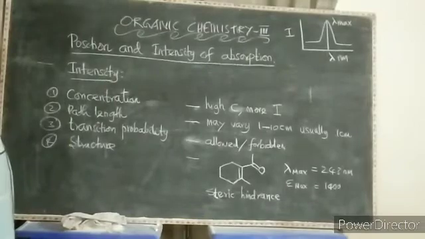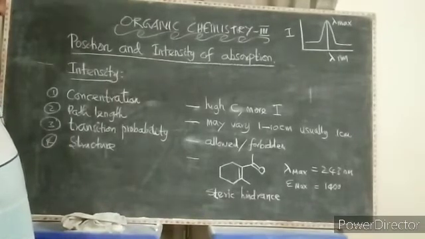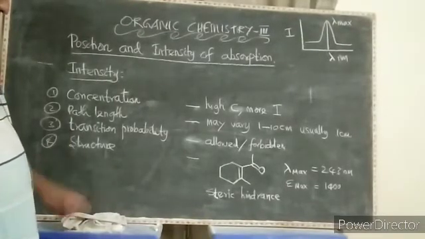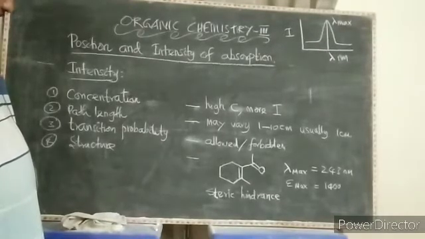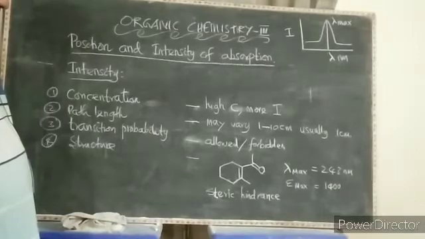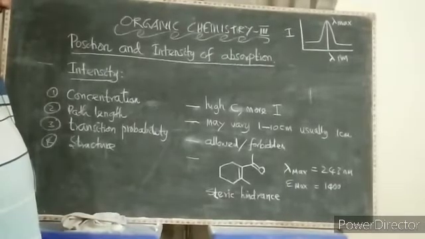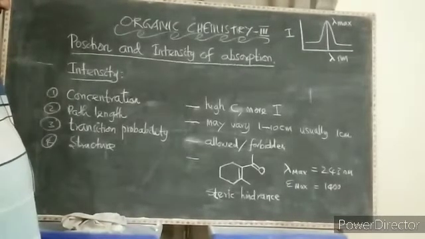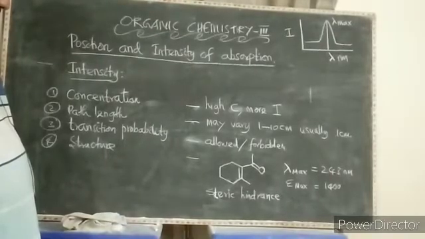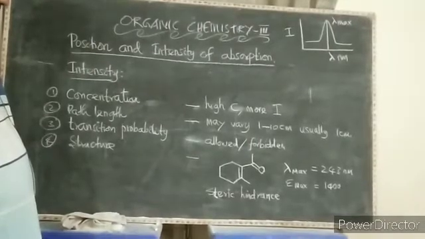This compound has a steric hindrance, and because of its steric hindrance, although the lambda max value is observed at the calculated range, the Emax, that is molar absorption coefficient or molar absorptivity, is less, that is around 1400. So this less intensity is caused by steric hindrance present in this molecule.